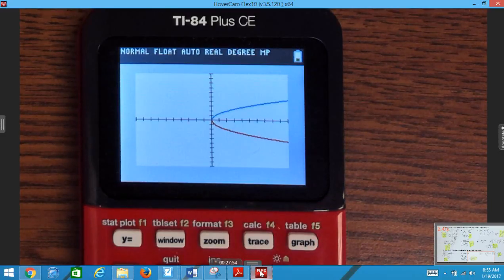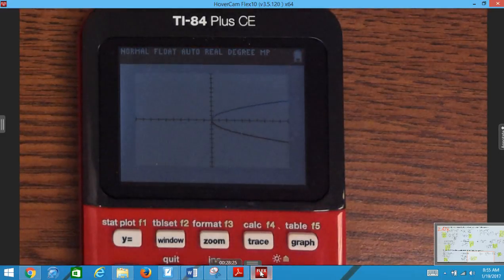Okay, the question: which way does it open and what's the vertex? Write it down. Which way does it open and what's the vertex? If it's blue, you have to put these up first.